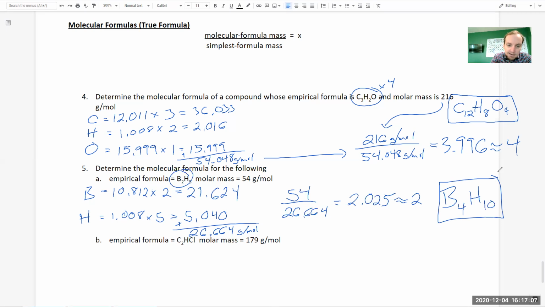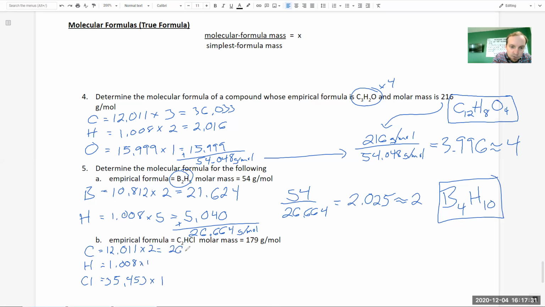All right, the next one we have is C, H, and Cl. The mass is, of course, 12.011, 1.008, and this is about 35.453. Multiply by 1, multiply by 1, multiply by 2.